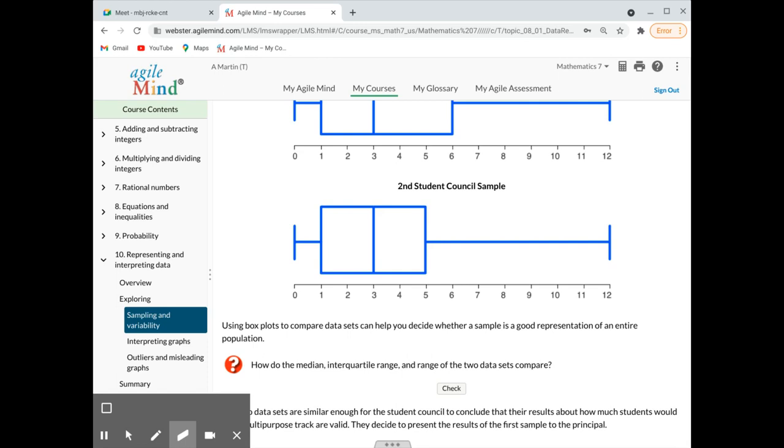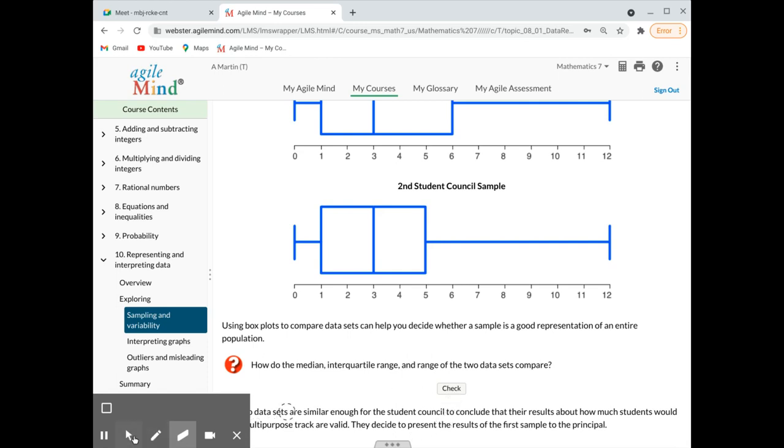Subtract it. Correct. So what is the max minus the minimum? 12. So can we say that the ranges are the same? Yes, sir. And we said that the interquartile ranges are different, and why are they different? Because the upper quartiles are in different spots.